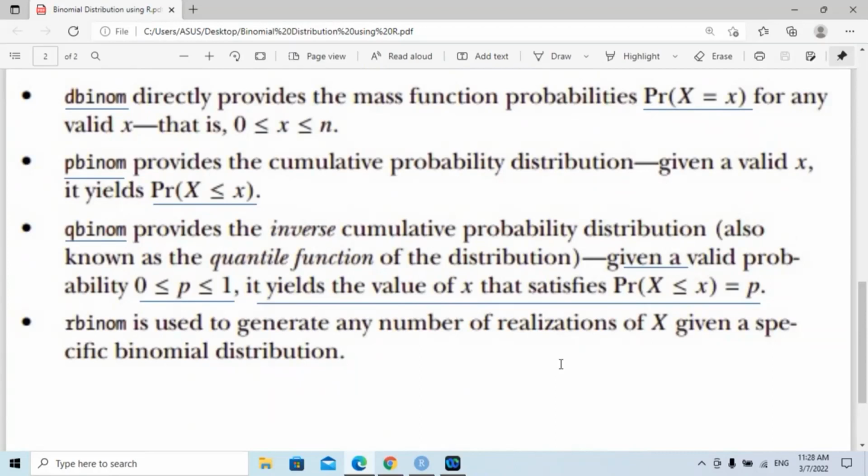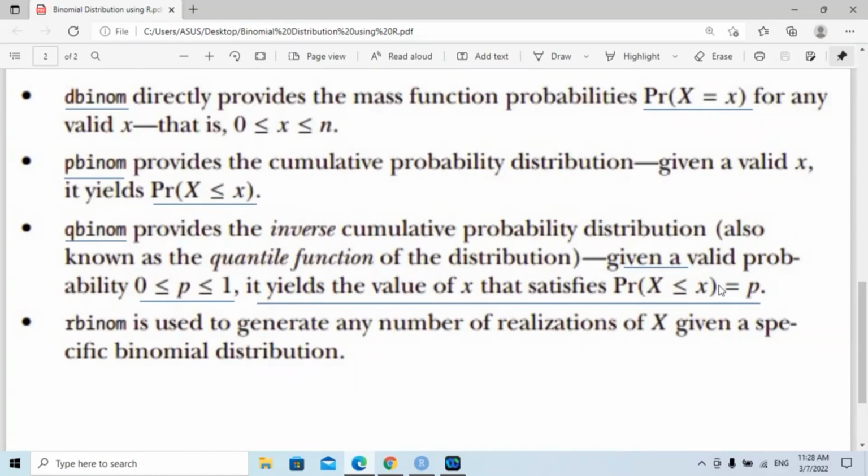qbinom works like an inverse function. So if the probability that capital X is less than or equal to x is given to be p, we can find the associated value of small x. And rbinom is an altogether different function.